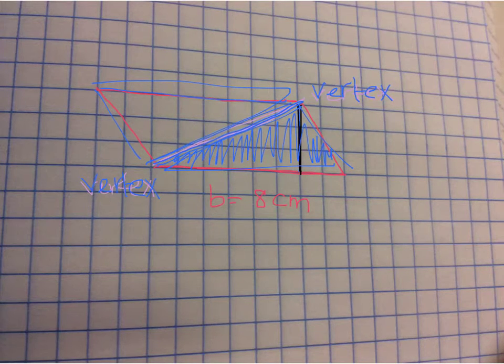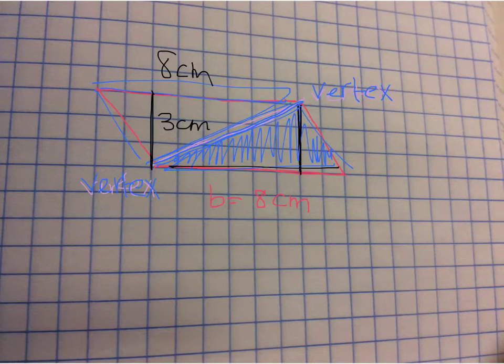So you can see here, this is still 8 centimeters, this is still 8 centimeters, this is still 3 centimeters, and this height right here is still 3 centimeters. The only thing that's changed is that it's flipped, okay? All right, and there's a word for that that you guys are going to learn later, okay? So there is a transformation that took place there in these triangles, but they're the same exact triangle, okay?